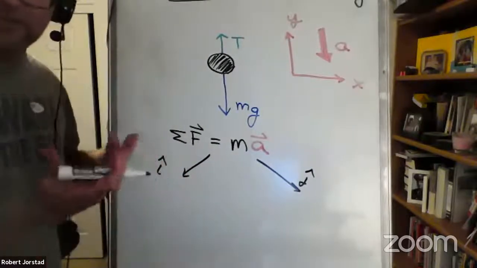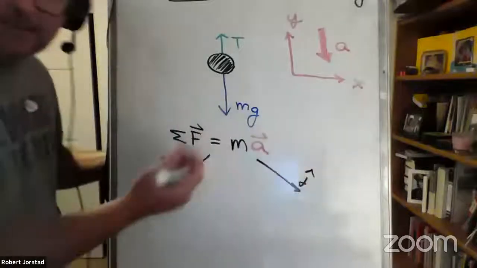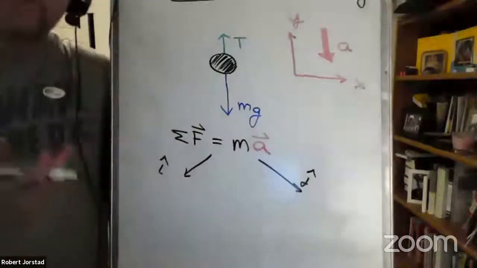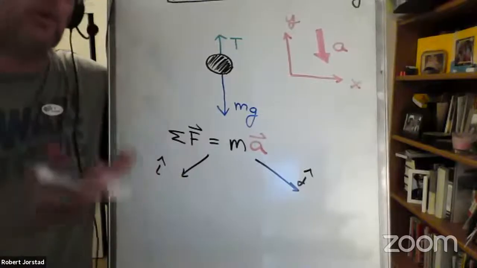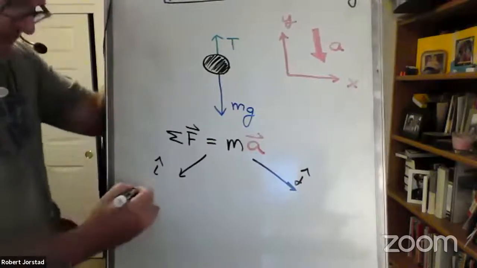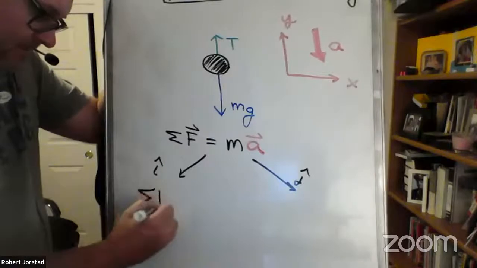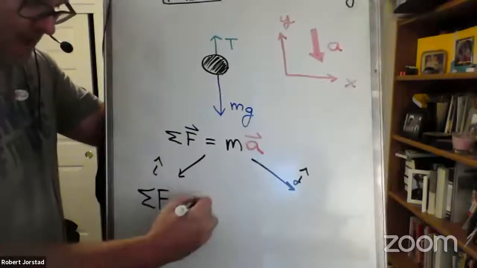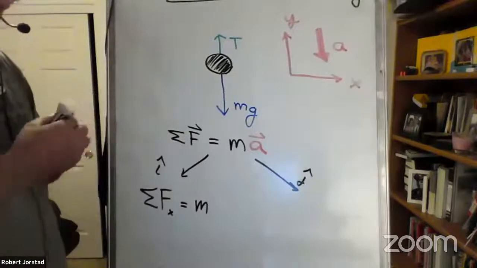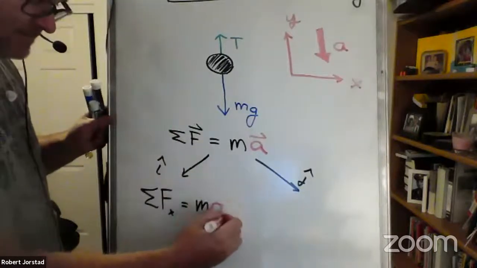And if you were doing 3 dimensions, you could do i hat, j hat, and k hat. Just like we did with the velocities in projectile motion, we ignored the i hats and j hats. What I'm going to do now is write the sum of forces in the x equals mass times acceleration in the x.